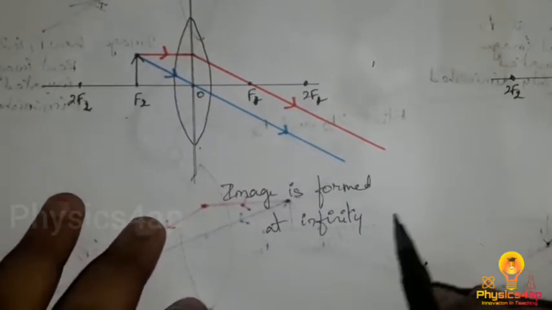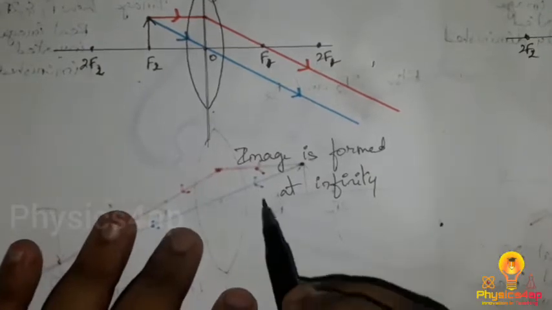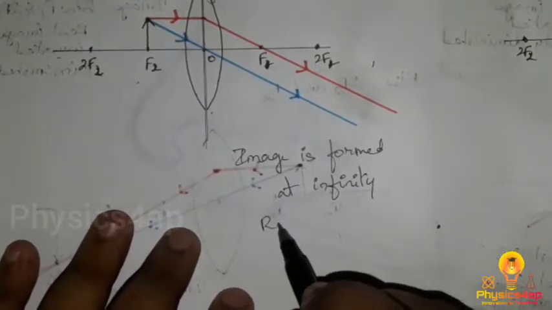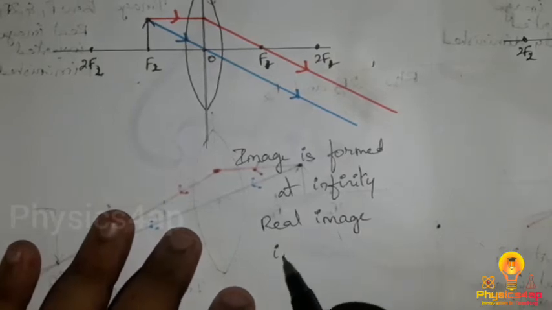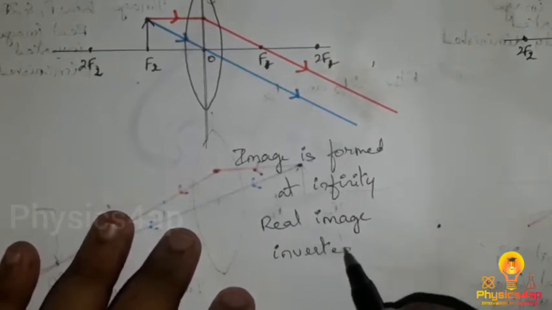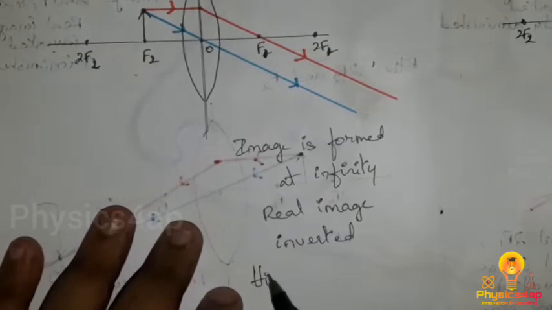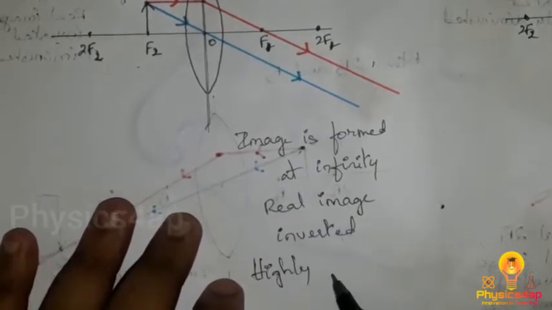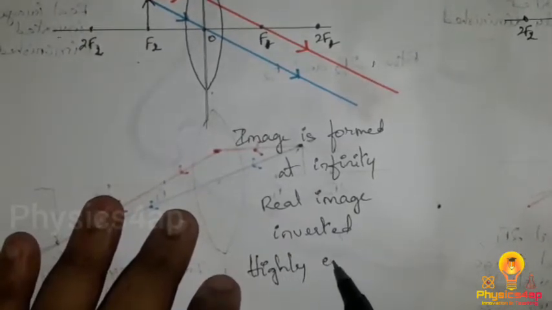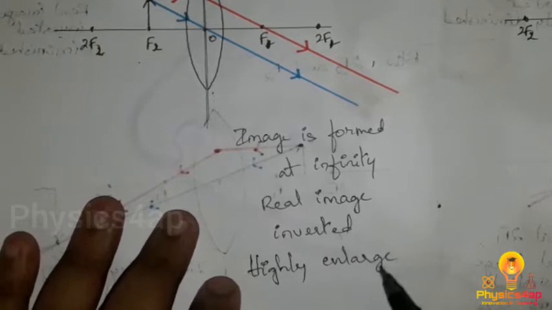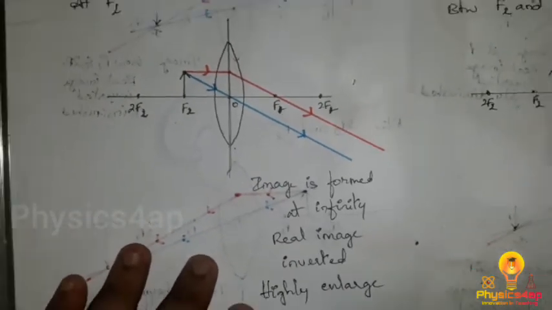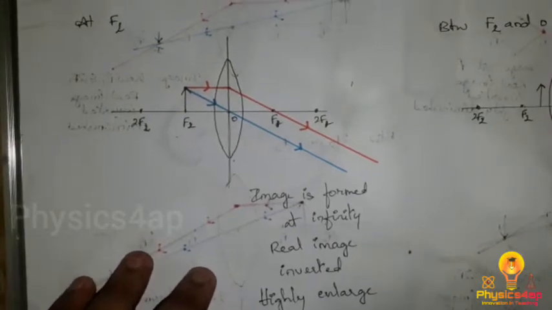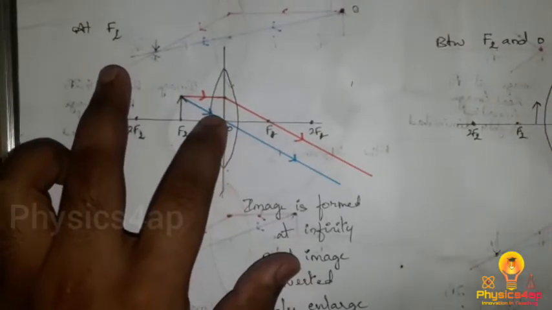The nature of the image which we get here is a real image, and it is inverted. And what about the size? If you observe practically, it is highly enlarged. So this is the ray diagram when the object is placed at the focus.